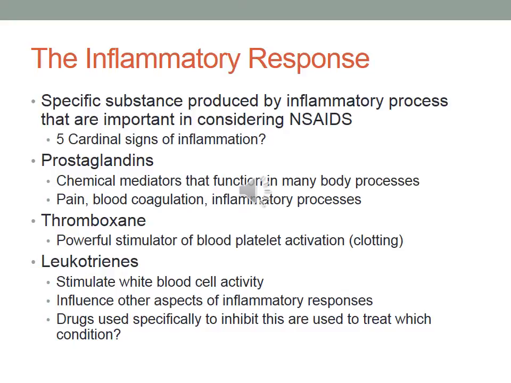So obviously we know during the inflammatory response, white blood cells are important for managing a lot of the processes, particularly the phagocytosis of the cellular debris, particularly when you're talking injuries. And this is what a lot of your asthma drugs that get used, because asthma has an inflammatory response. This is what a lot of the asthma drugs typically use to inhibit, your leukotrienes.